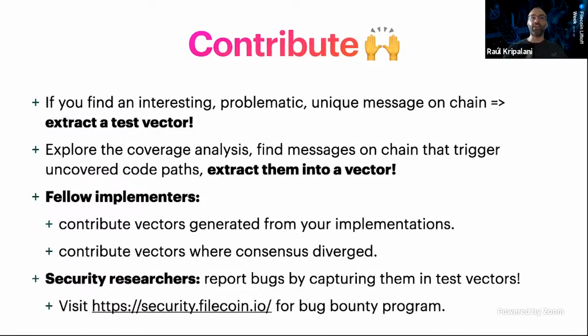Also, another way that you can help and contribute is by exploring the coverage analysis on CI, finding messages on chain that trigger uncovered code paths according to that coverage analysis and submitting them onto the repo. And also a tip and recommendation to fellow implementers, make sure that you contribute test vectors generated from your implementations, and also contribute test vectors where consensus between your implementation and the Lotus implementation or another implementation diverged.